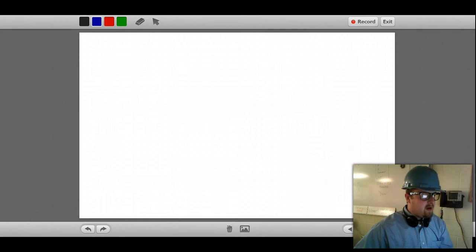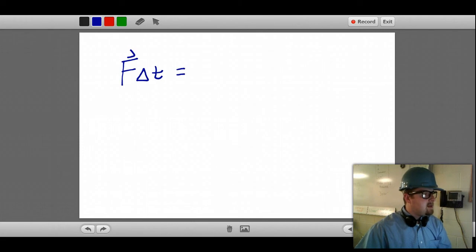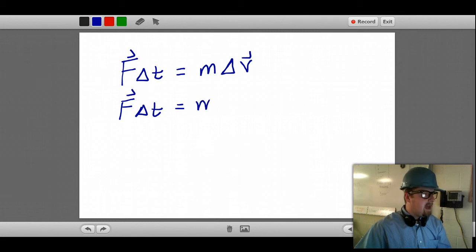So, there you have it. The impulse momentum theorem. F delta T is equal to m delta V, also can be written as F delta T is equal to m, and you can expand that delta V, VF minus VI, or V2 minus V1, if that's what you're more familiar with.